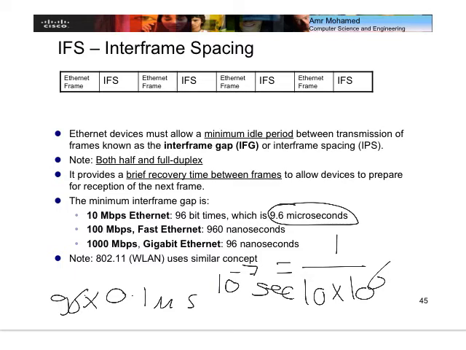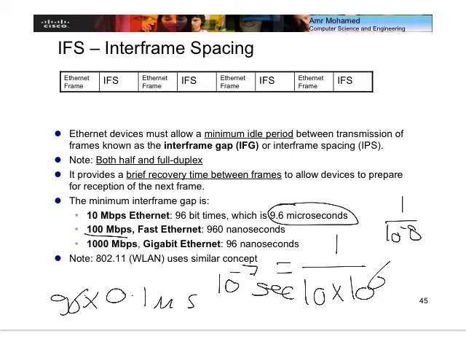96 bit times, where the bit time is the duration of 1 bit at that particular Ethernet speed. For the next speed, it's 1 over 10 to the power 8, which is 0.01 microsecond, times 96, which is 0.96 microsecond or 960 nanoseconds.